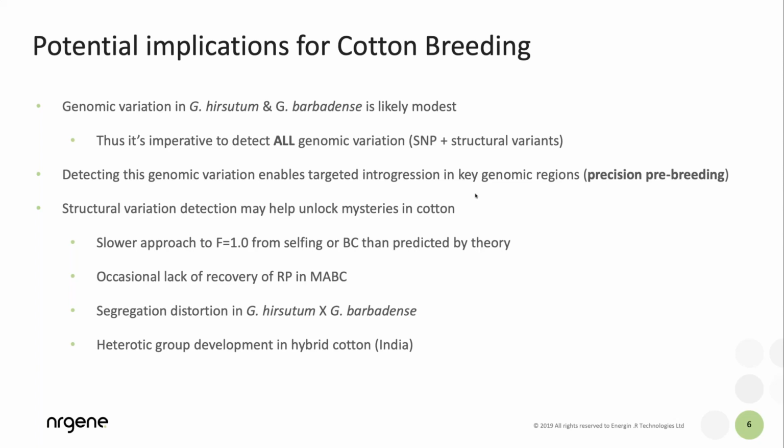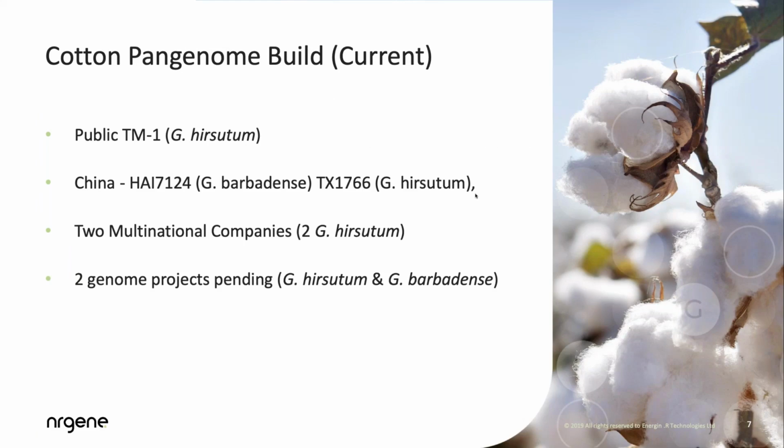So we need a combination of tools, using existing SNP data, which is not lost. You still use that, but you superimpose upon that all of the data created by the pangenome. If we look at the approach that Inari is taking, launching an ambitious cotton pan-genome project.